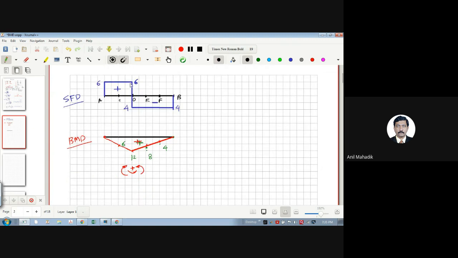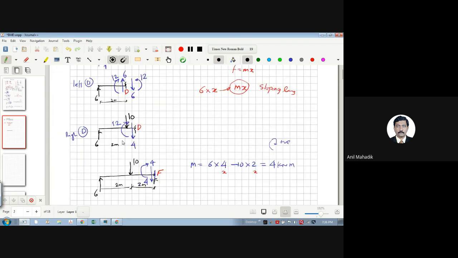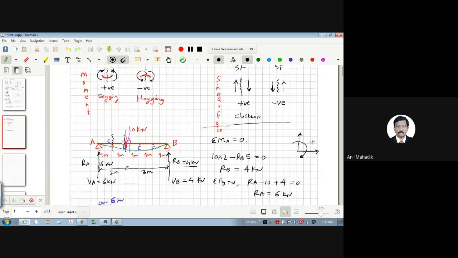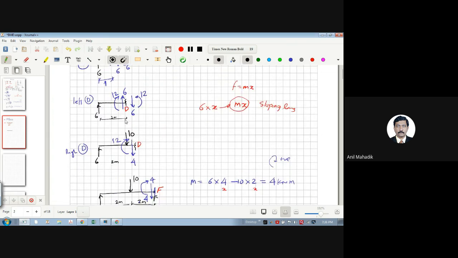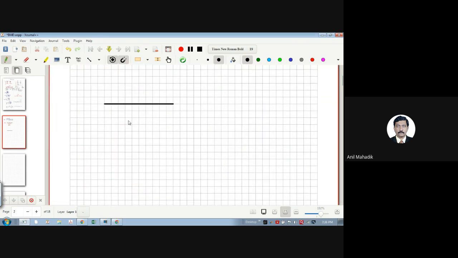Whenever there is a change in the direction of the shear force or bending moment, you will understand, because at a point load there is always a change. Yes. So whenever there are many forces, you take the shear force and bending moment at every section. Now let's quickly take a simple example.